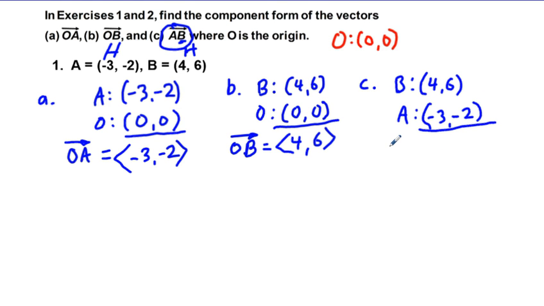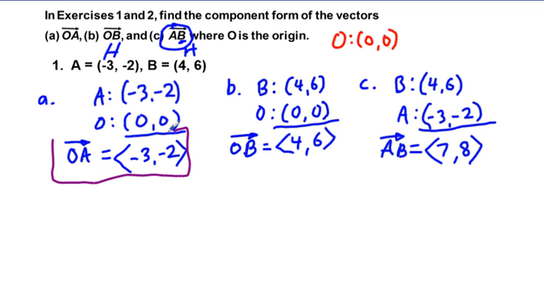And here we have vector AB is equal to 4 minus -3 is 7, and 6 minus -2 is 8. So these are our answers right here. A, B, and C.